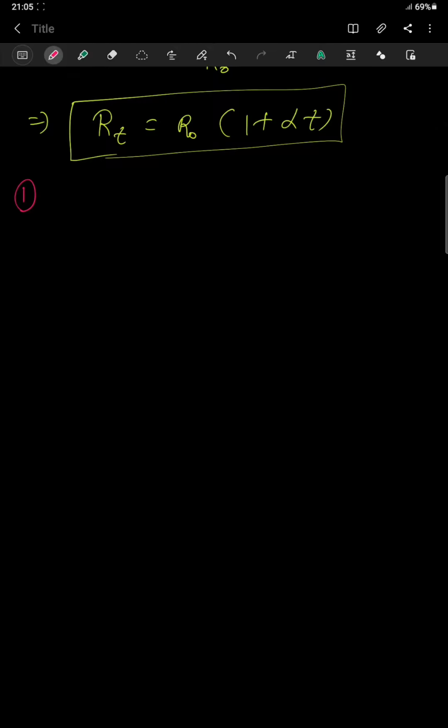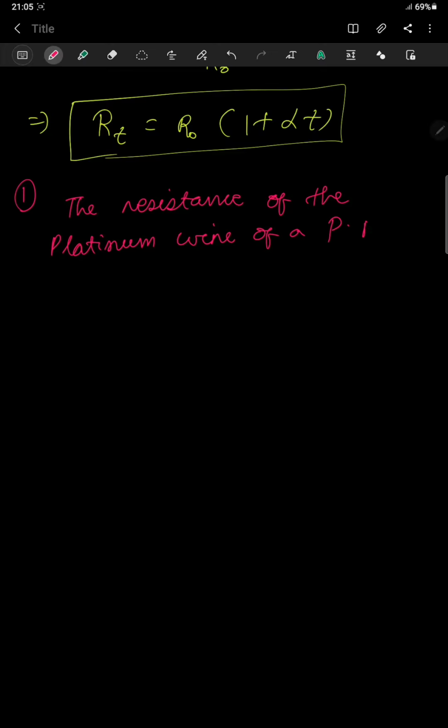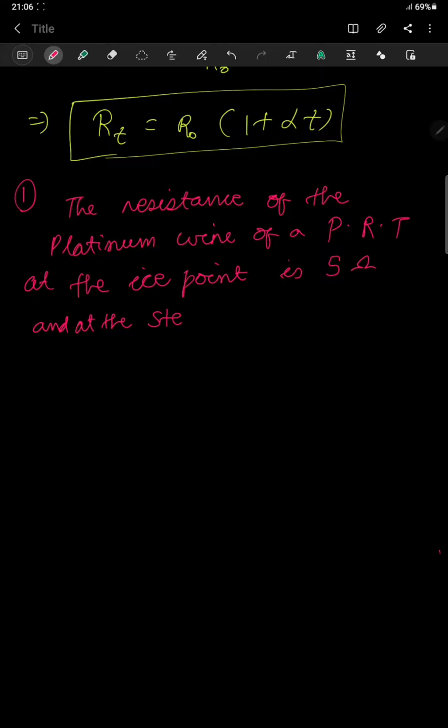It is given that the resistance of the platinum wire of a platinum resistance thermometer at the ice point is 5 ohm, and at the steam point is 5.23 ohm.